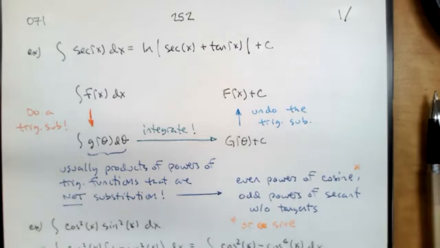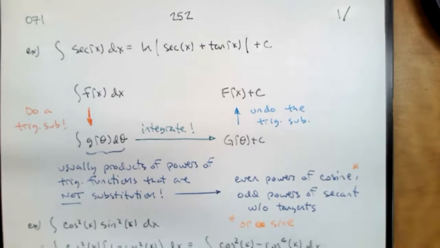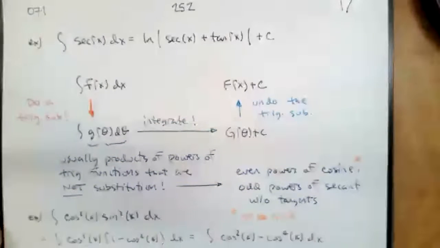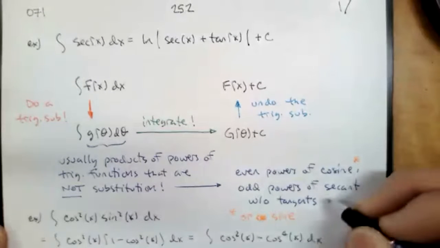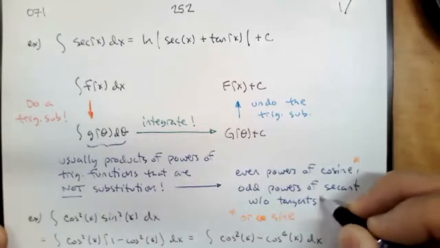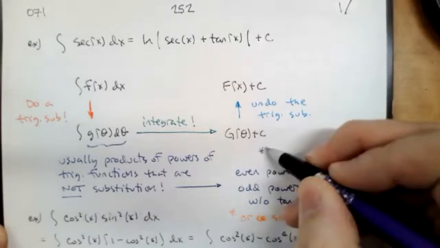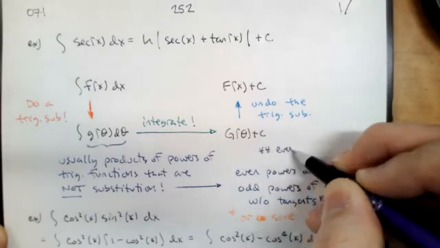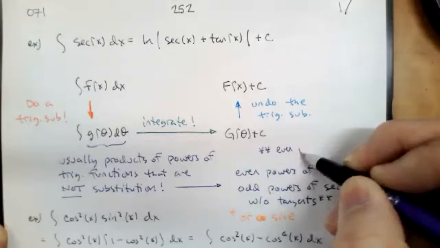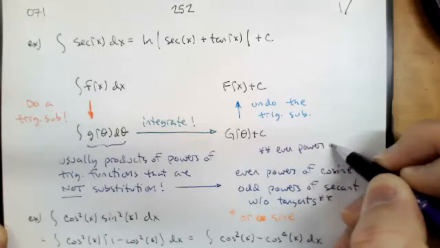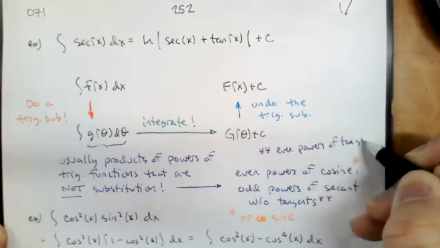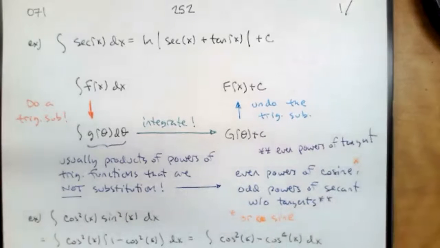Similarly to cosine, even powers of cosine include even powers of sine. Odd powers of secant without tangents. The case we're going to reduce that to is odd powers of secants without tangents.